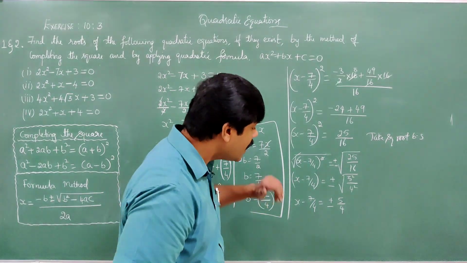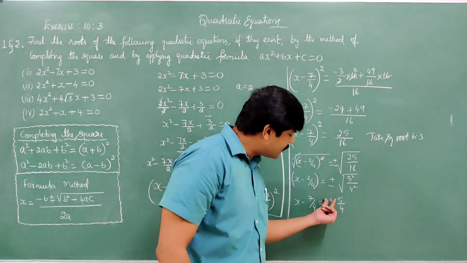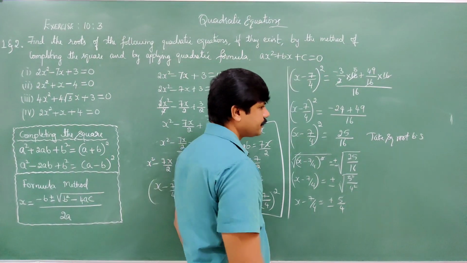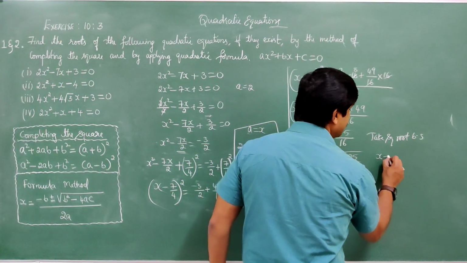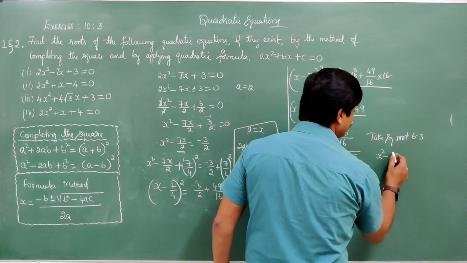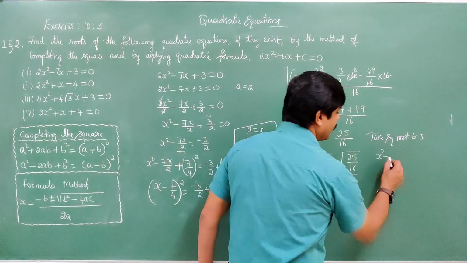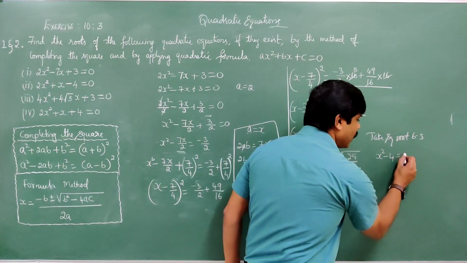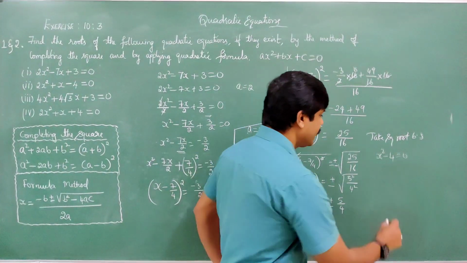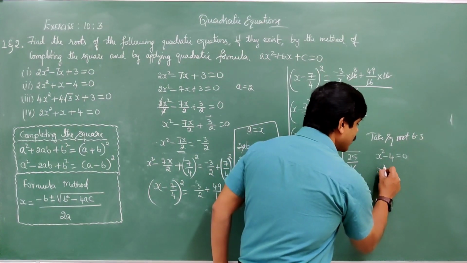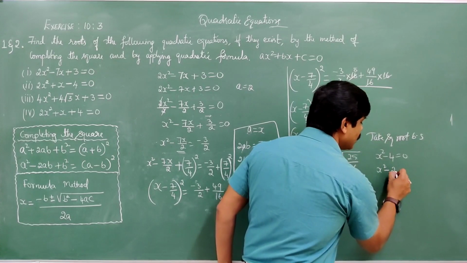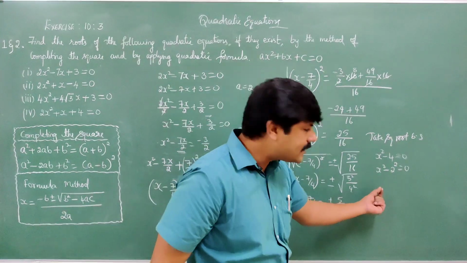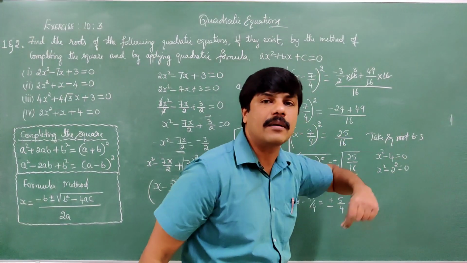Understand? Now you ask me why this plus or minus is taken. For example, x square minus 4 is equals to 0, or x square minus 2 square equals 0. If it is there, this is nothing but the a square minus b square formula.